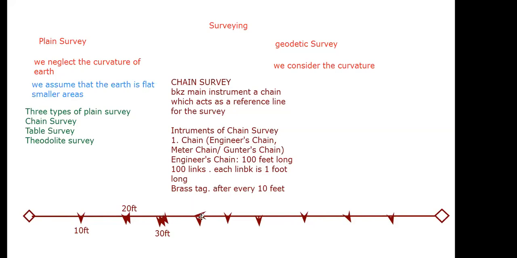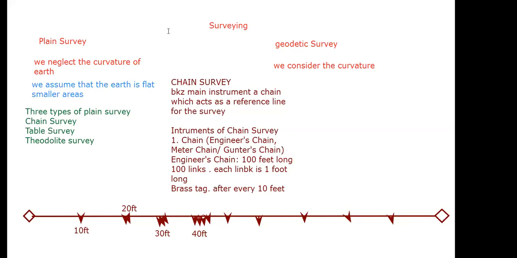The 40 feet one will have 4 teeth. So these are brass tags. So this is the 40 feet brass tag.